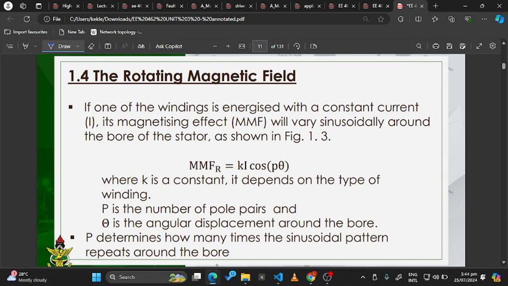Let's go back to the basics of electricity. In SHS or JHS, we were told that there is something called electromotive force, which most of us refer to as voltage or potential difference.